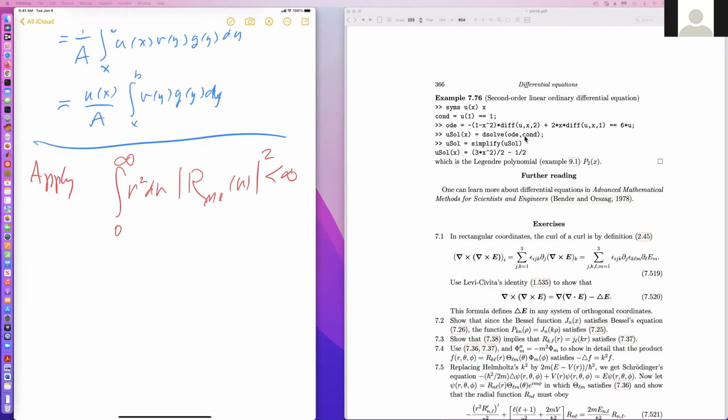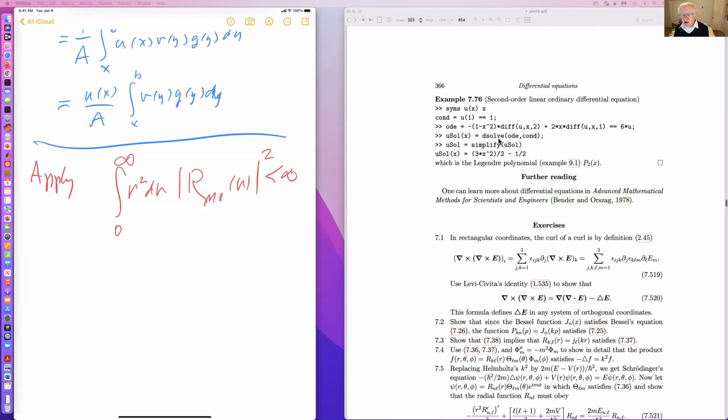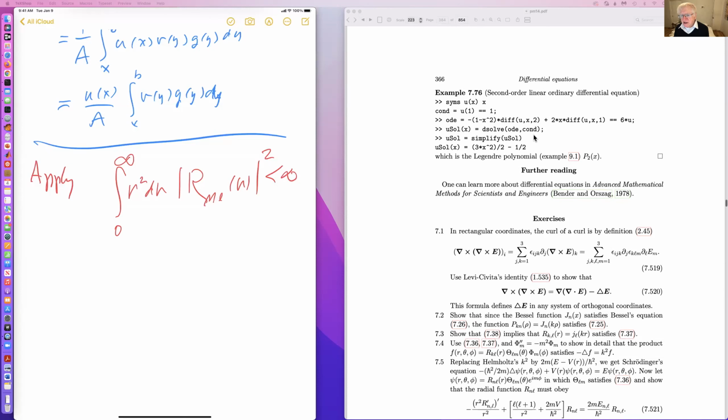I couldn't get MATLAB to recognize what I meant for its self-adjoint form, so I just wrote it this way. Anyway, this is a lot simpler for humans as well as for MATLAB. And then you just say usol of x is dsolve, ODE, cond.